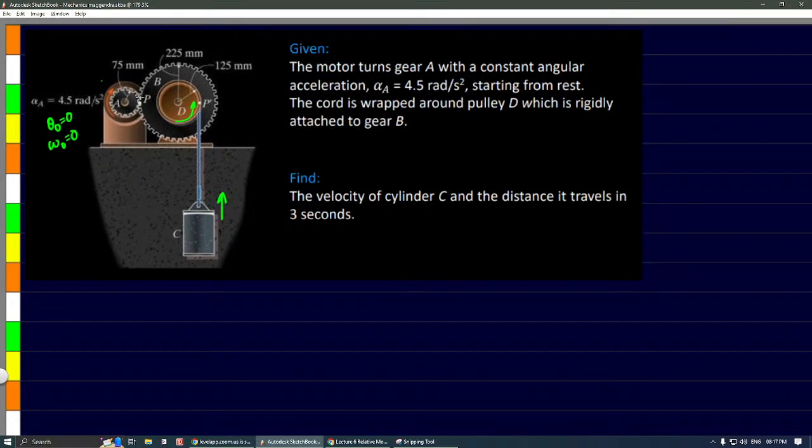So first, omega naught is equal to 0. Time is given as 3 seconds. And then alpha A is 4.5 radians per second square.